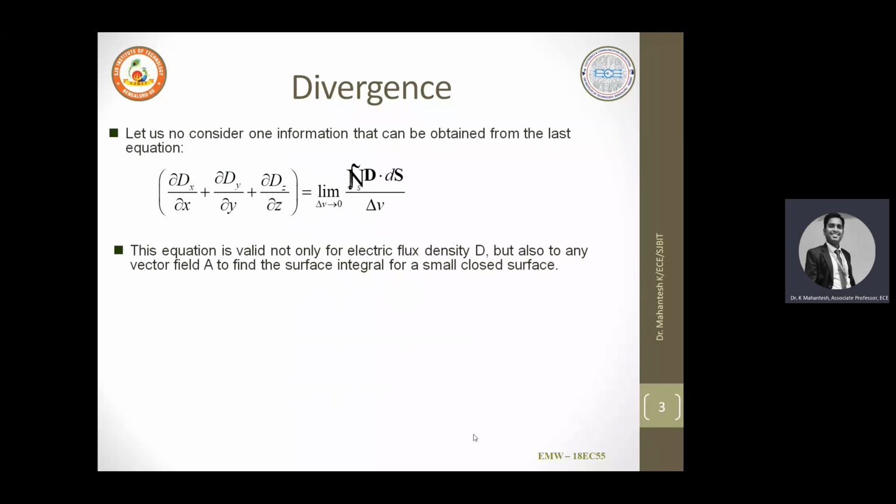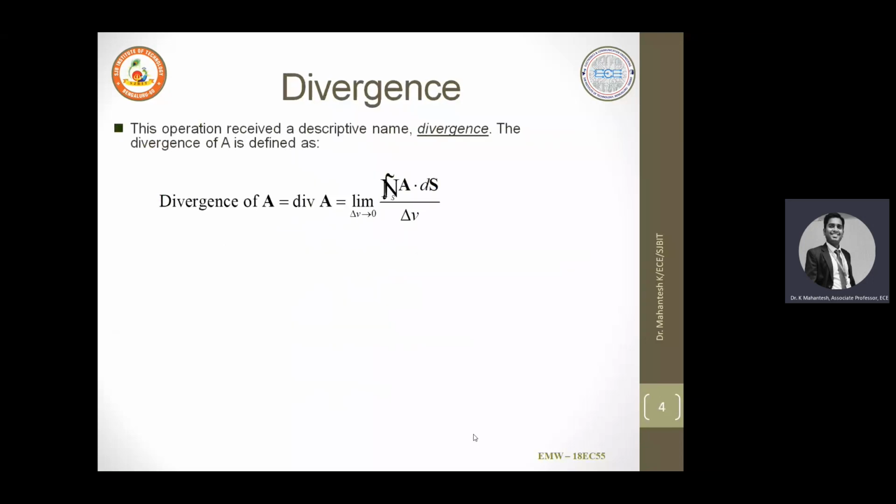This equation is valid not only for electric flux density but also for any vector field A. To find the surface integral of a small closed surface, you can equate it to a volume integral of that small closed surface. The operation received a descriptive name called divergence.